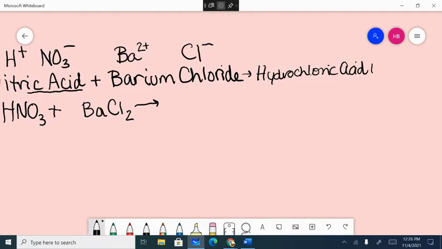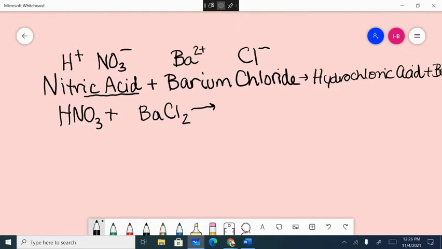We're still using the same ions. So these compounds are still going to have H+, NO3-, Ba2+, and Cl-. This time, H+ is not going to be with nitrate. It's going to be with chloride. They're going to switch partners.